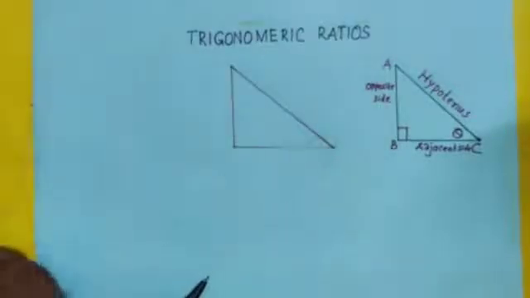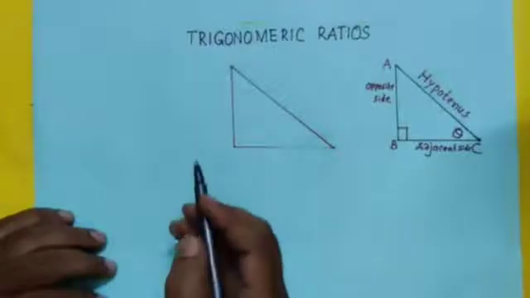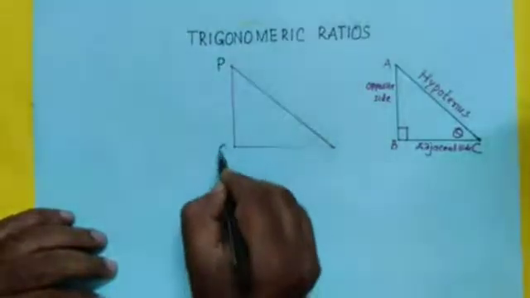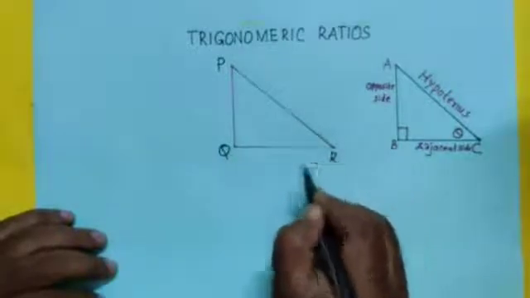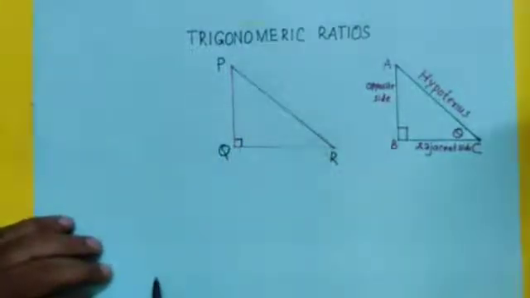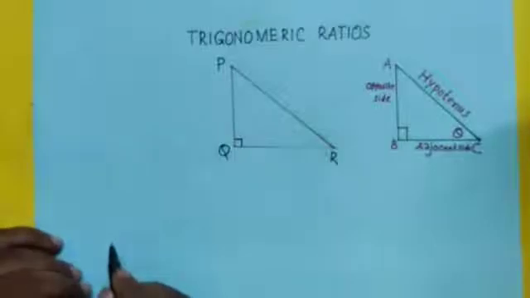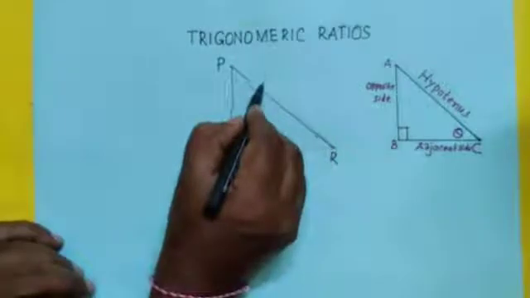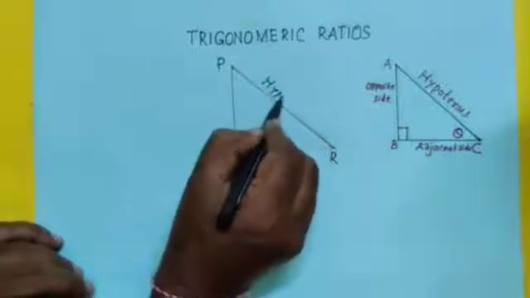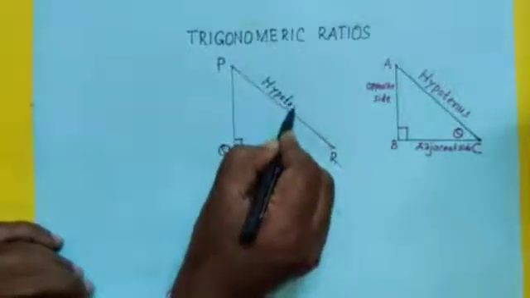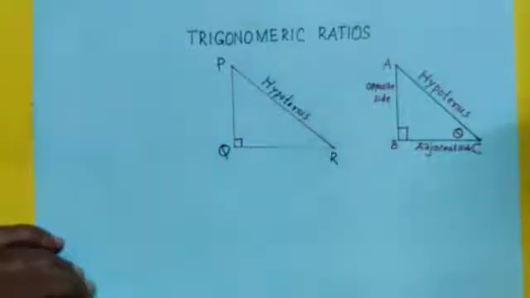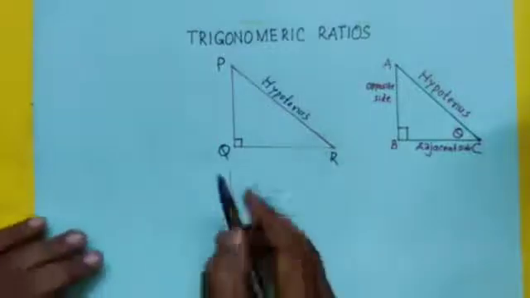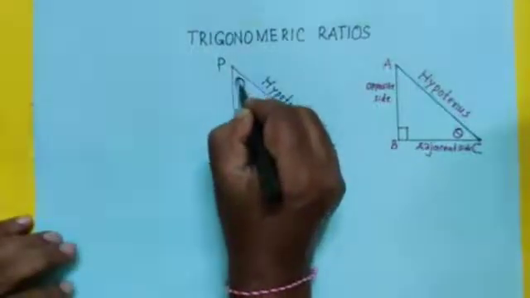Now observe this triangle. I am giving the names here, for example P, Q and R. Which is the hypotenuse in this triangle? Always the side opposite to the right angle is called the hypotenuse. Which is the adjacent side, which is the opposite side? For example, I am keeping theta here.